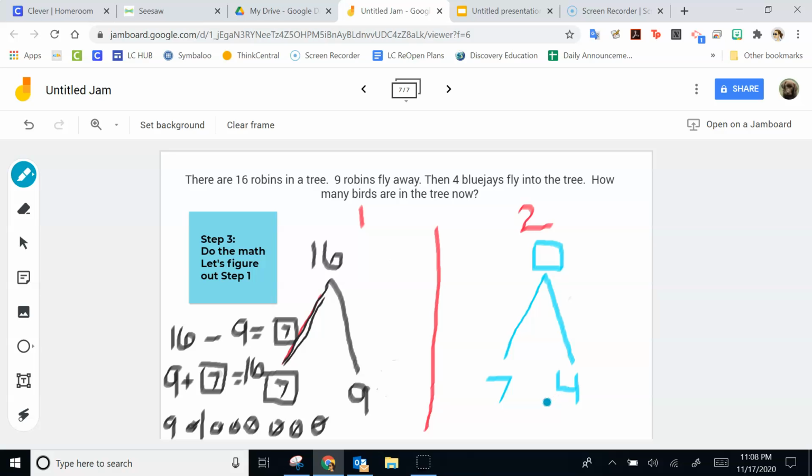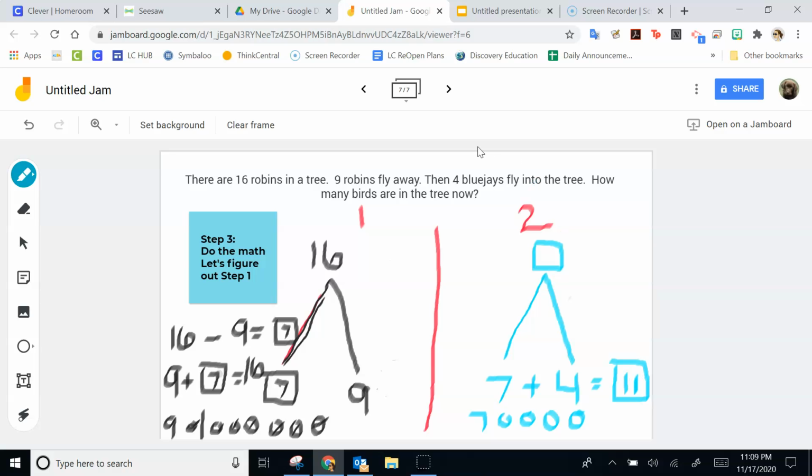So I know from my math mountain experience that if I have both of the parts, I can add them, and that gives me the sum, or the total, in all. 7 plus 4, I can count up 7, 8, 9, 10, 11. Some of you might have fact power already.